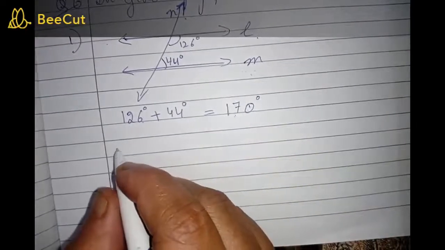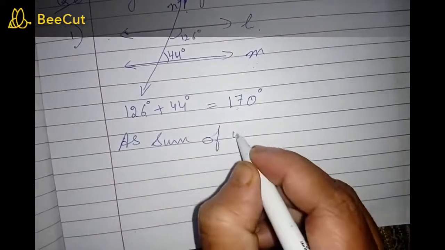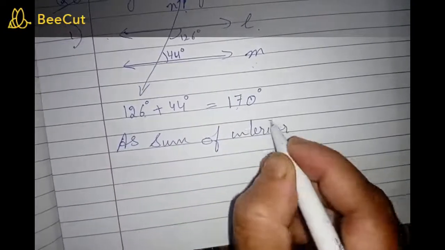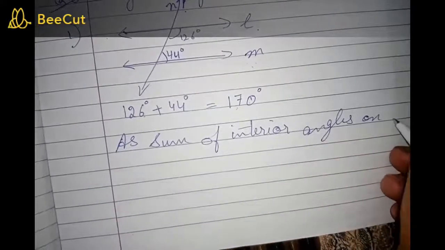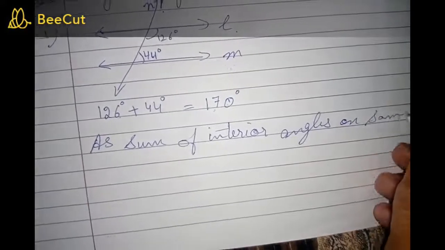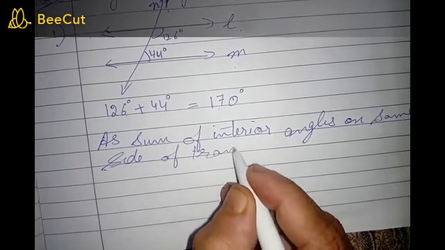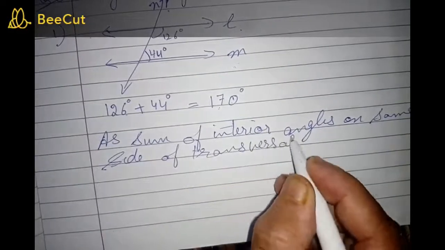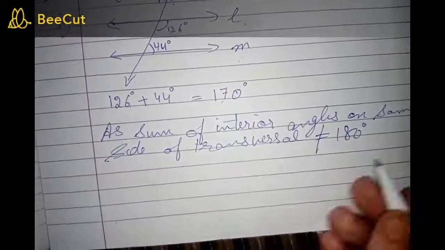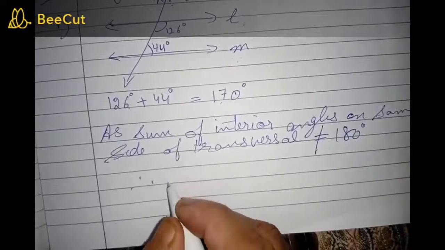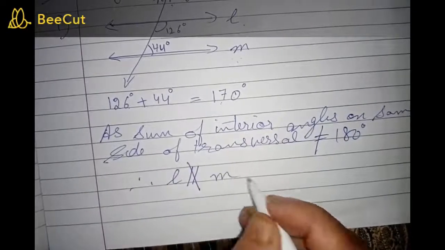So we can say as the sum of interior angles on same side of transversal is not equal to 180 degrees or are not supplementary, therefore L is not parallel to M.